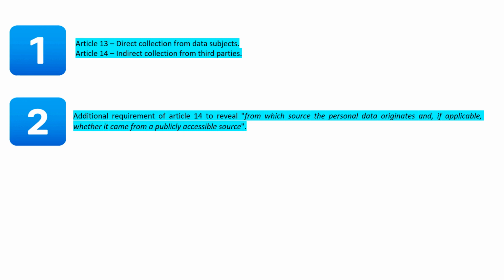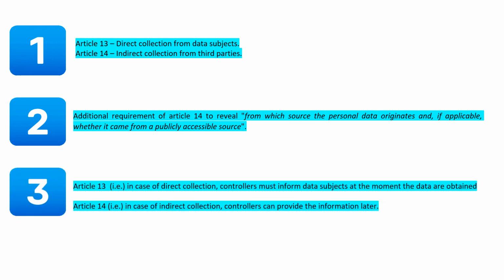So almost 13 and 14 are the same, but this is the minor difference. In case of Article 13, the controller must inform the data subject at the moment data are obtained from the data subject, because in Article 13 data is directly obtained from the data subject, whereas in Article 14 the controller can provide information later but not later than 1 month. So these are some key aspects of Article 13 and Article 14.